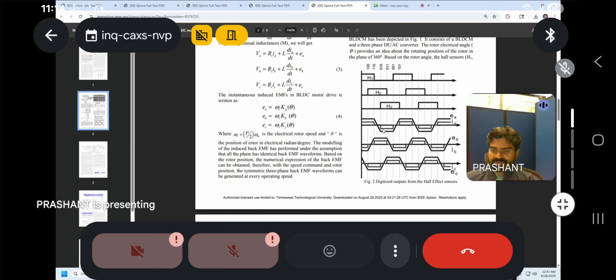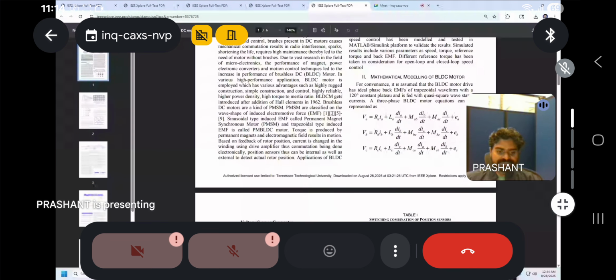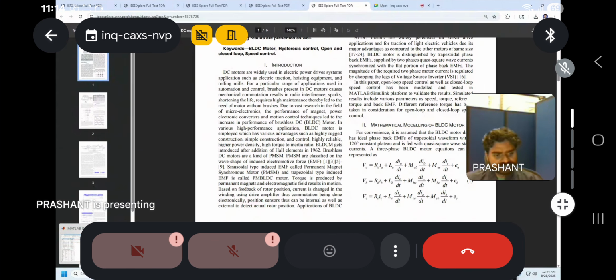So this is the phase back EMF of the motor. It is trapezoidal in nature, so it is the brushless DC motor drive, and the one with sinusoidal nature is the PMSM, permanent magnet synchronous motor drive.